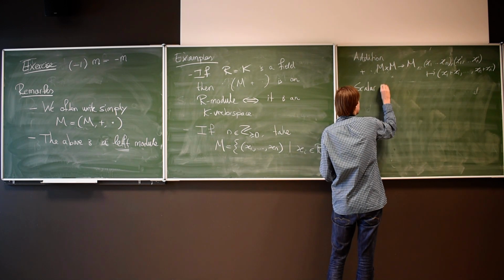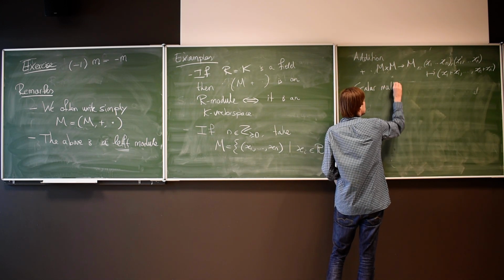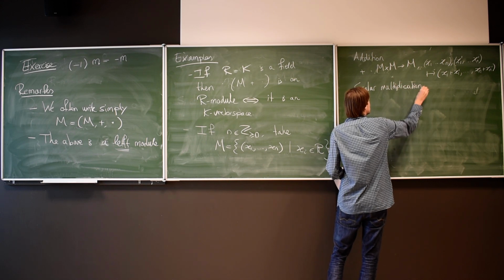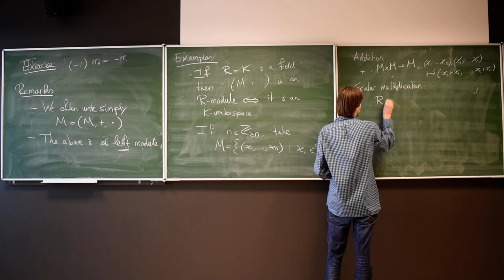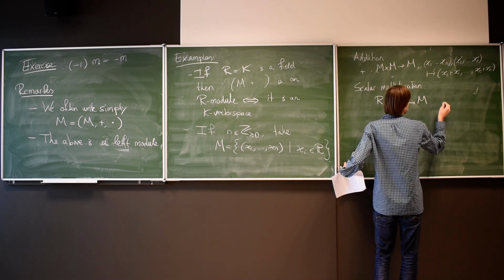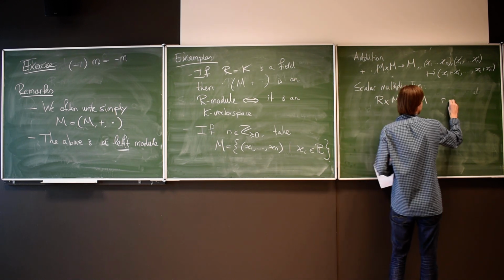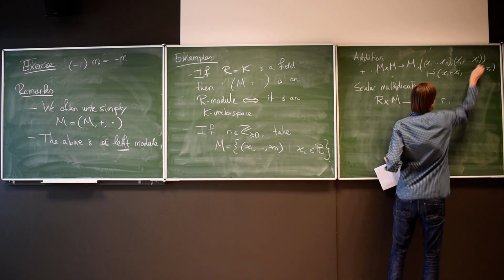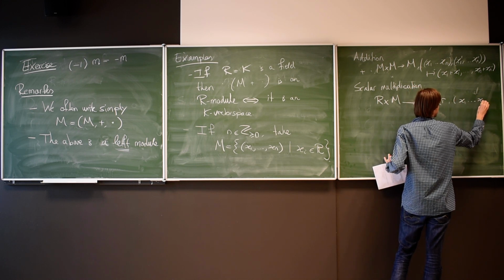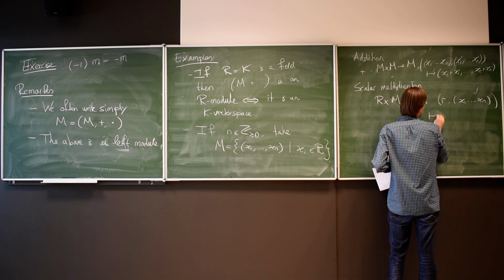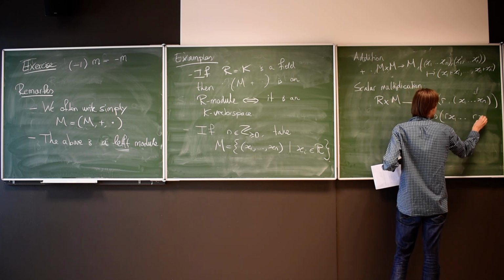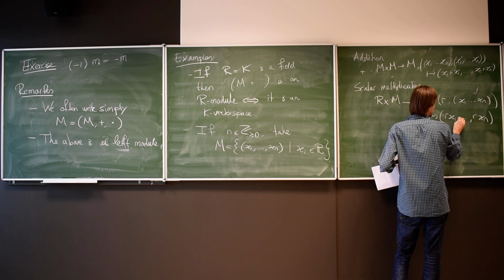Similar for scalar multiplication. So R cross M goes to M simply by sending a pair of a scalar and a vector to the vector, where I just do the scalar product of all the coordinates.